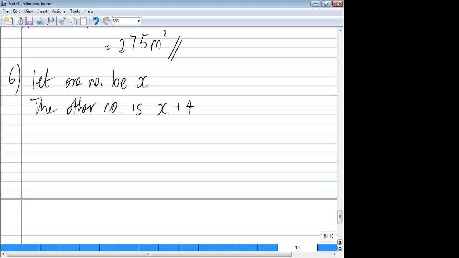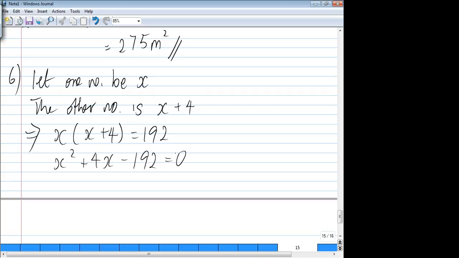Okay, so this is one number, this is the other number. And then we go back to the first line. The product of these two numbers is 192. Form the equation x times (x plus 4) equals 192. Okay? So we have a quadratic equation, x squared plus 4x minus 192 equals 0.